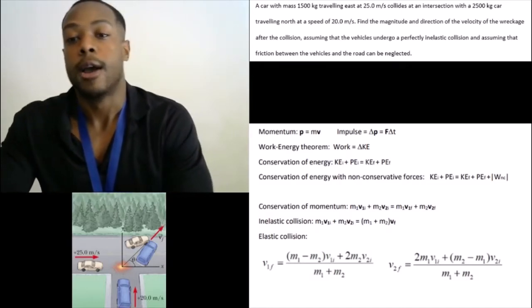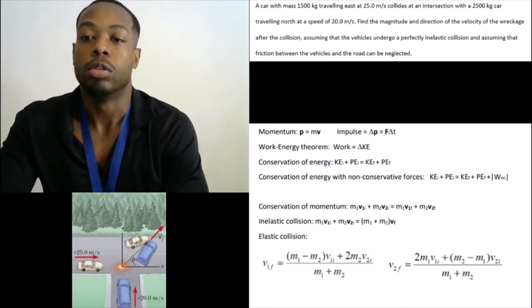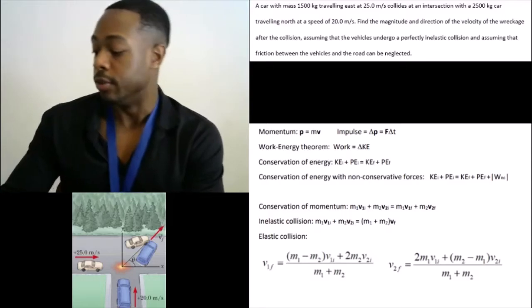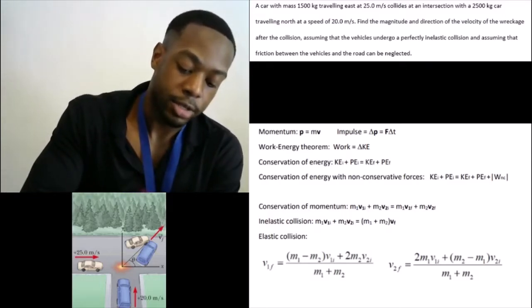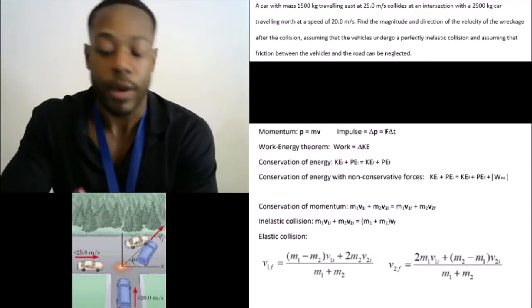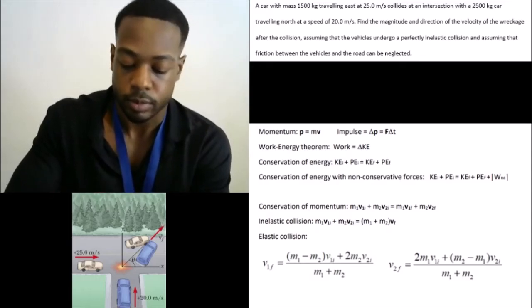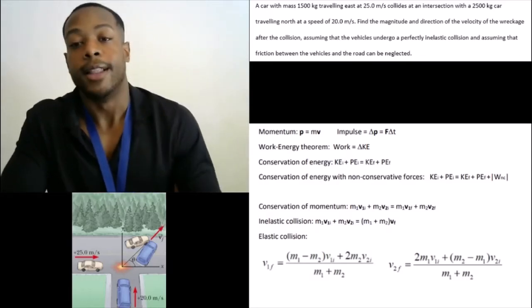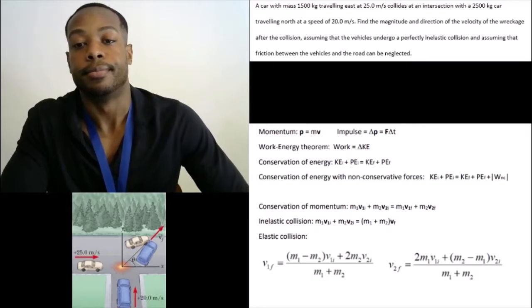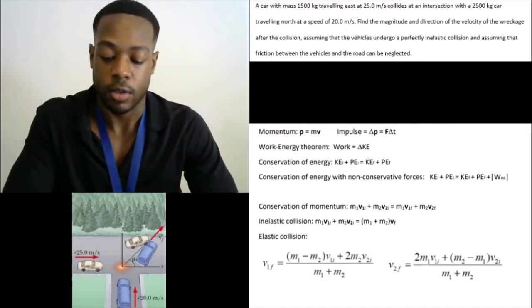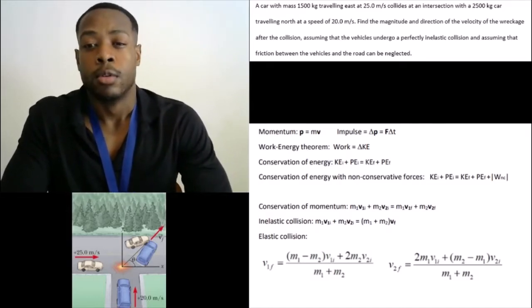Mass 2 is 2,500 kilograms. Velocity 2 is going to be 20 meters per second.